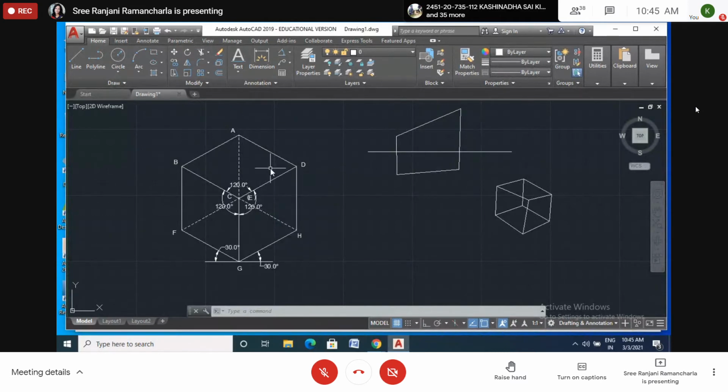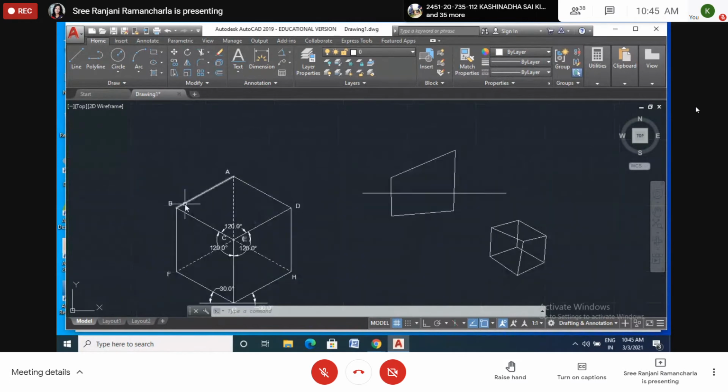Now we have to prove how much is inclined, how much this one is reduced. So what we have to do is draw the diagonal BD. The diagonal BD of this face won't change, right? This is the top base of the cuboid, and this diagonal won't change.